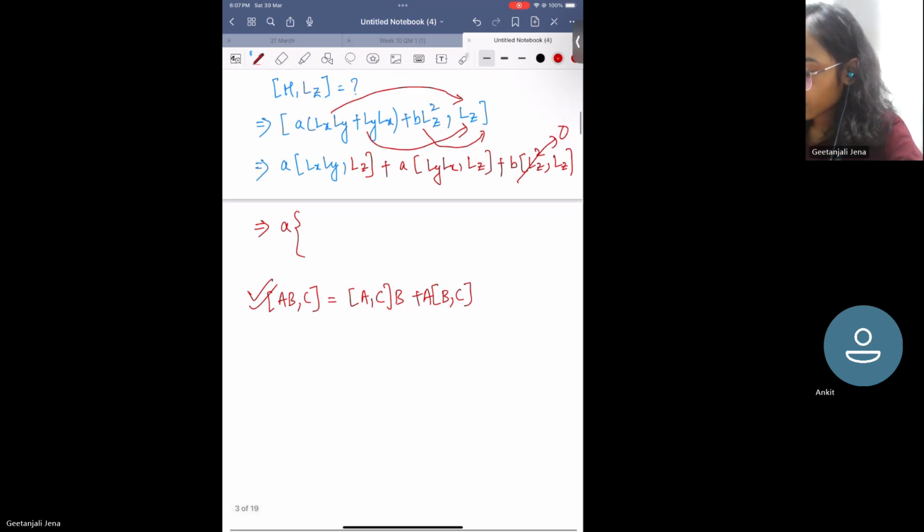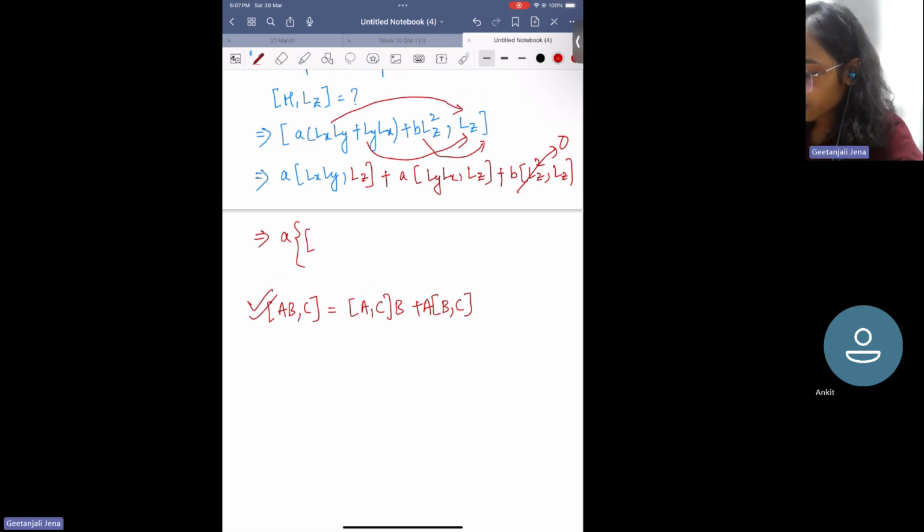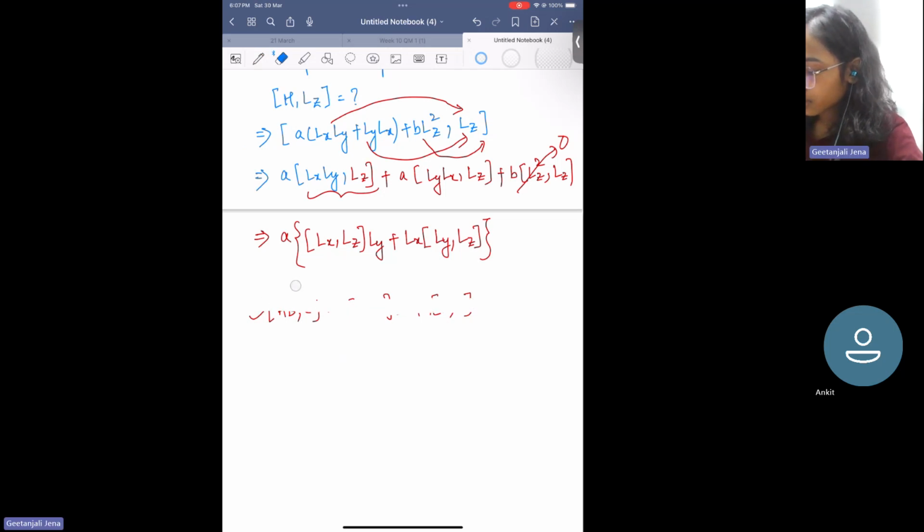If you use it, the first term will become Lx [Ly, Lz] plus [Lx, Lz] Ly. That is the first term, plus A times the second term, where you can also use the property of commutation relation.